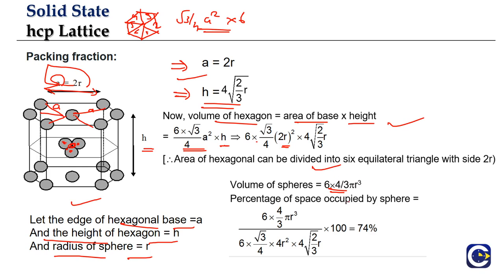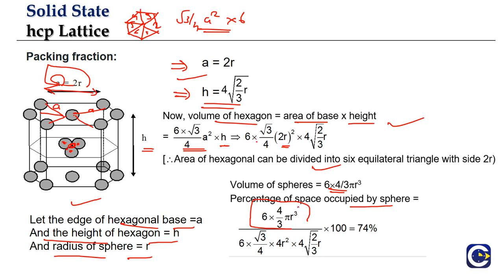So the percentage of space occupied by the spheres will be the volume occupied by the spheres, 6 into 4 by 3 pi r cube, divided by the total volume, which is 6 root 3 by 4 into 2r the whole square, means 4r square, into 4 root 2 by 3 r. We will multiply by 100 to get the percentage.